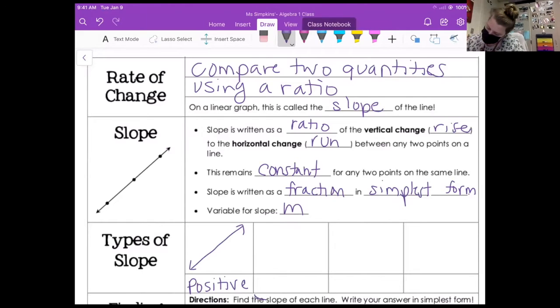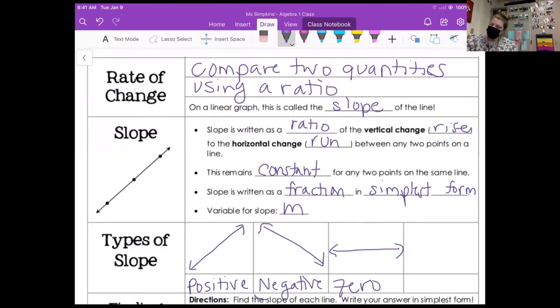Down. Good. There are two other types of slope, 0 and undefined. So 0 is going to be our horizontal line, and then the vertical line is going to be our undefined.